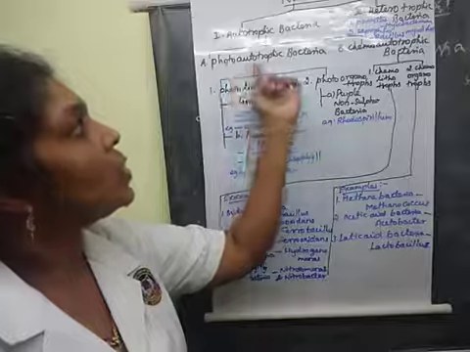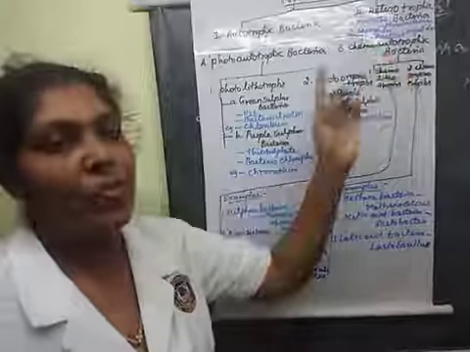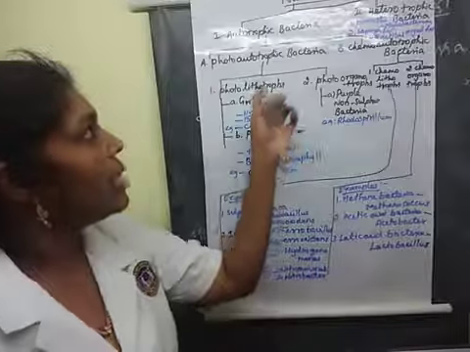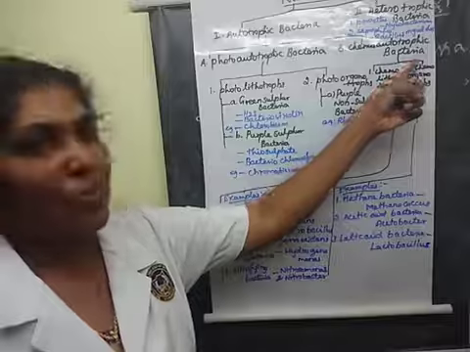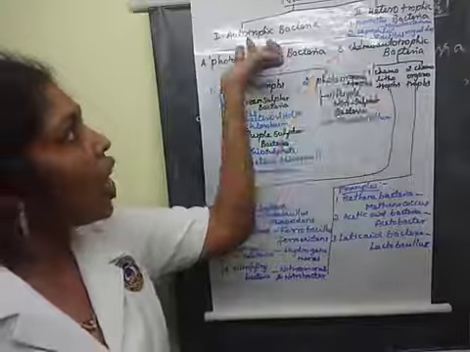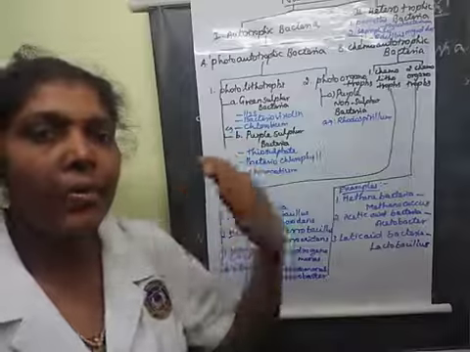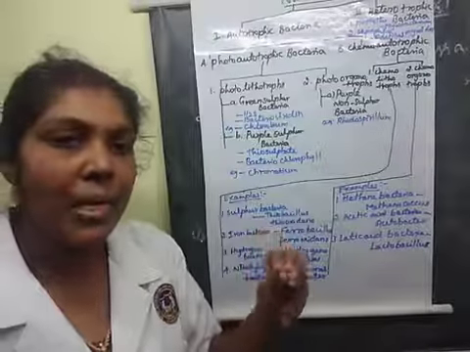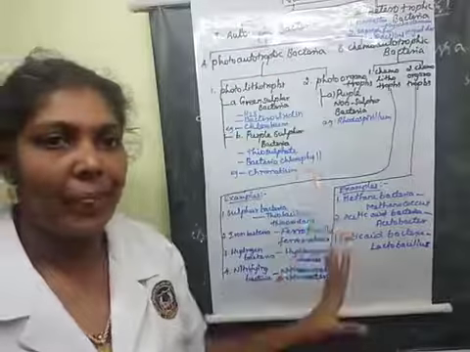One is photoautotrophic bacteria and the second one is chemoautotrophic bacteria. Autotrophic bacteria means they can synthesize their own food. Photoautotrophic bacteria use sunlight. Clear? That is photoautotrophic bacteria.